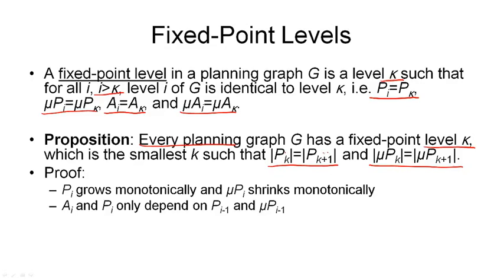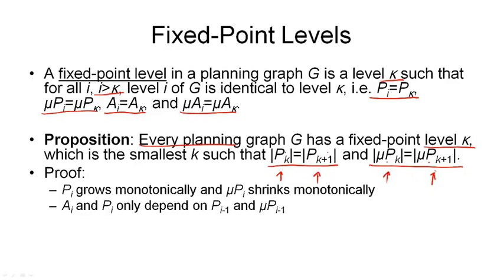Because proposition layers are monotonically increasing, if they have the same size, they must also contain the same symbols. And the same goes for the mutex relations, which must be the same if they have the same size in subsequent layers.